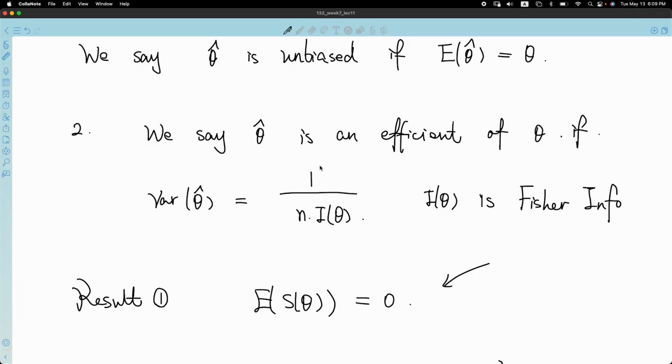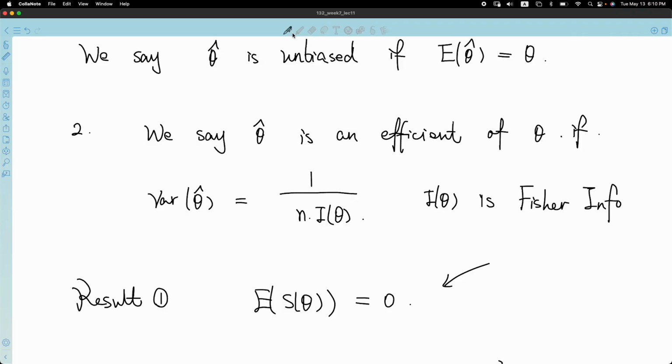Your variance is always greater than this lower bound, but when the variance of your estimator equals or attains this lower bound, then we call it an efficient estimator. Most estimators are just going to be greater than the lower bound, but when it equals that, we call it an efficient estimator.